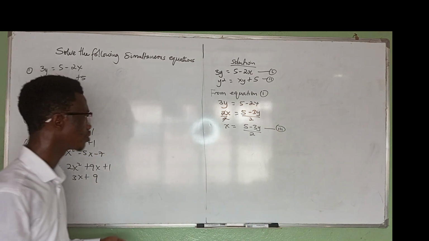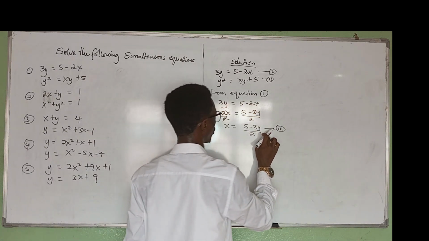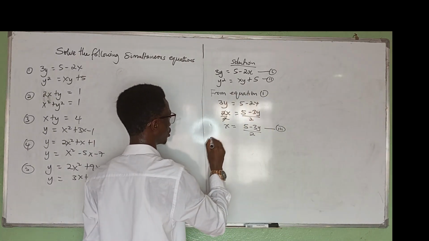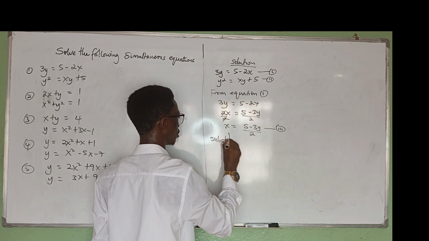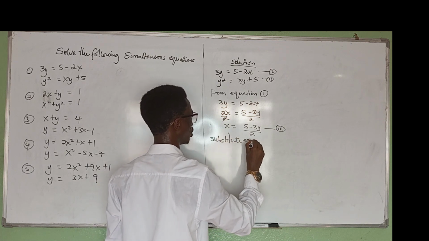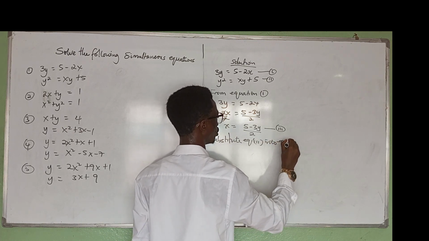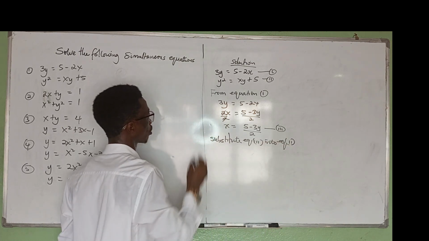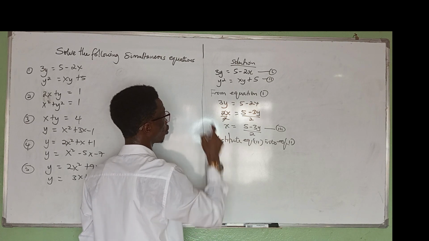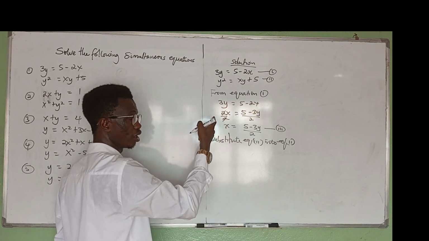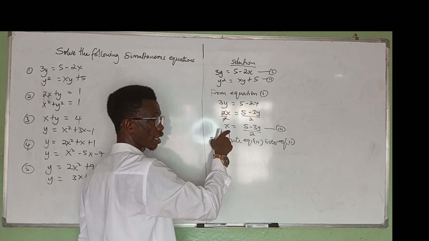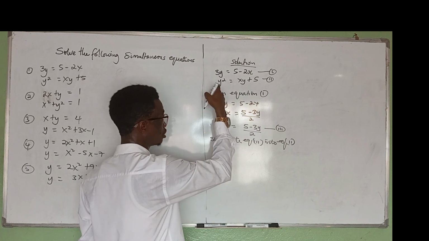Okay, so the next thing we have to do is substitute equation 3 into equation 2. So wherever we see x, we are going to put this x in equation 2.